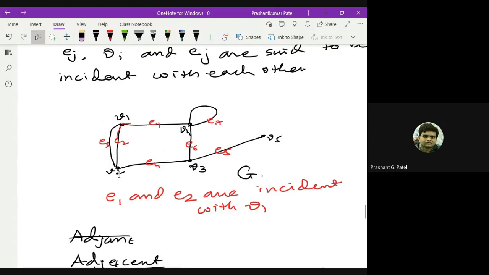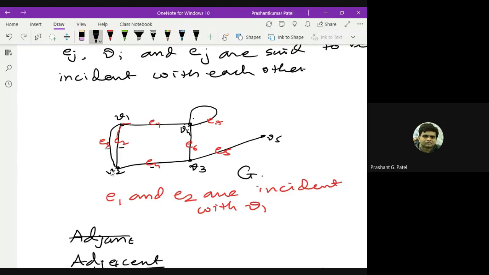Therefore the degree of V2 is 3, because there are 3 edges incident. The degree of V3 is 1, 2, 3. It is also 3. The degree of V4 is 1, 2, 3, 4, because this is the self loop, and the self loop we have to count twice. The degree of V4 is 4.